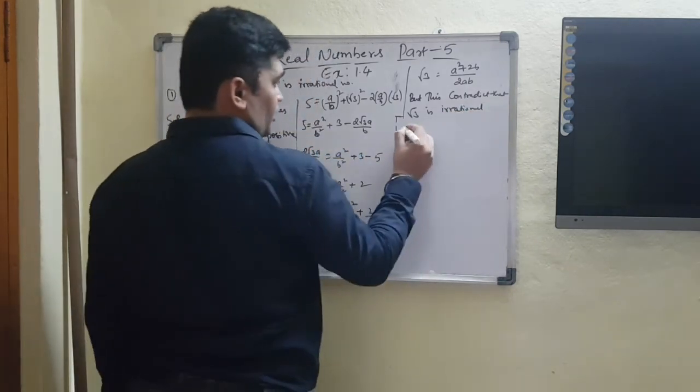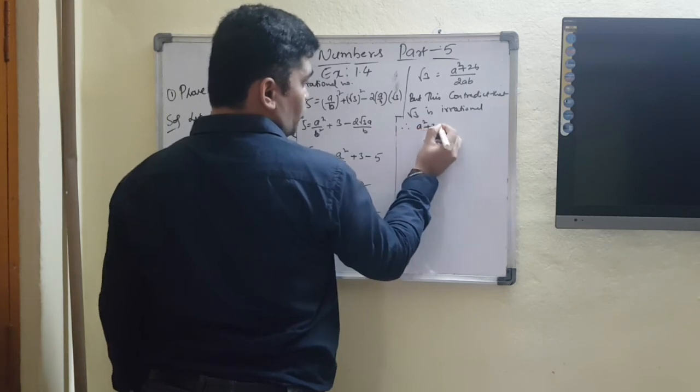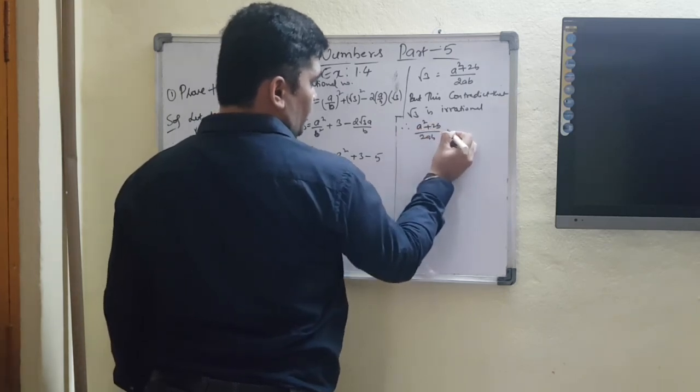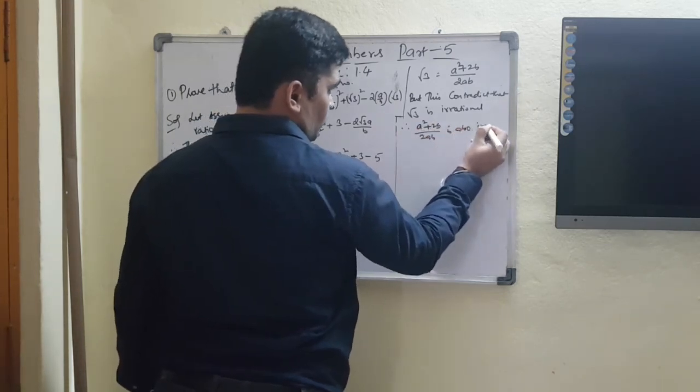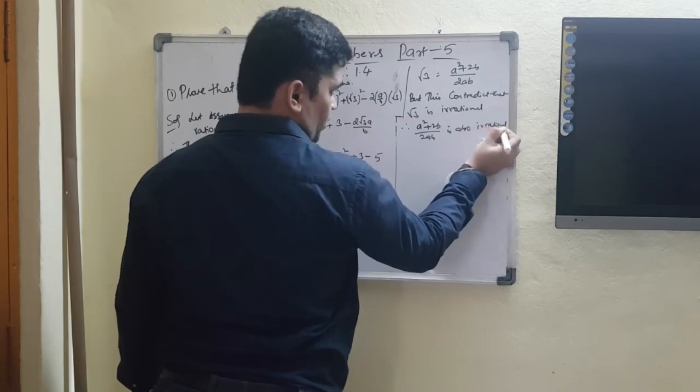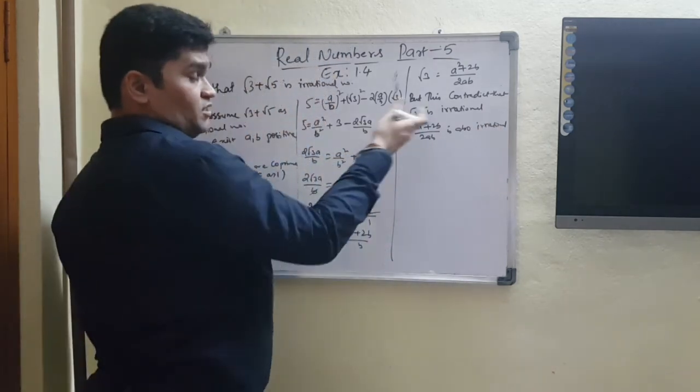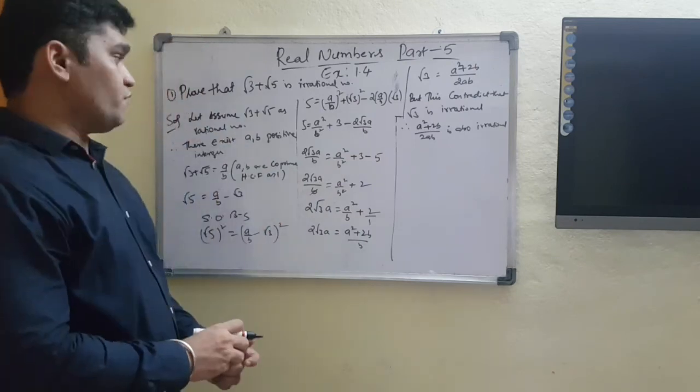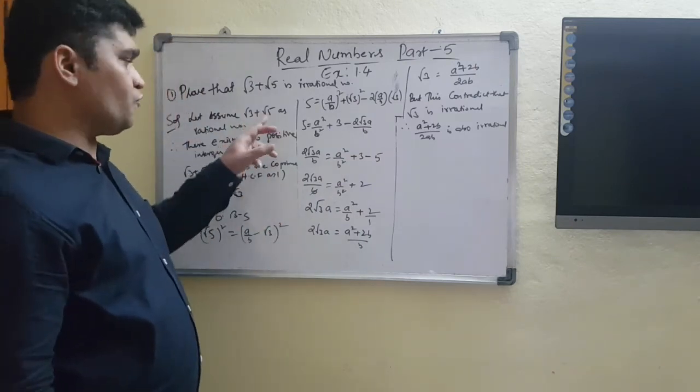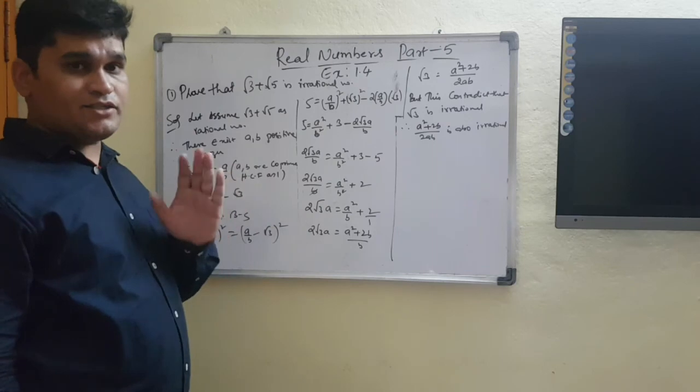Okay, therefore (a square plus 2b) by 2ab is also irrational, right? If this is irrational, it means our assumption which we have taken as root 3 plus root 5 as rational, it's wrong, right?